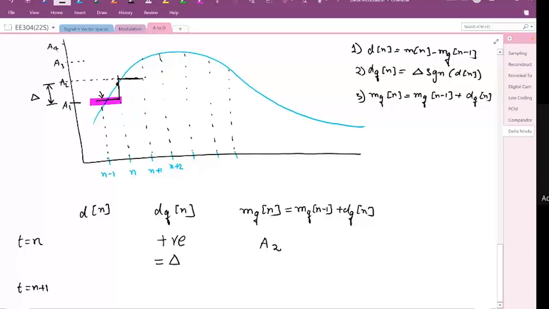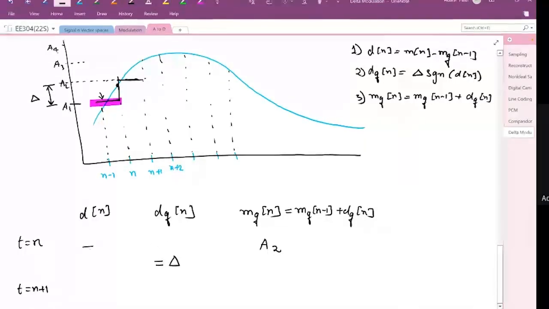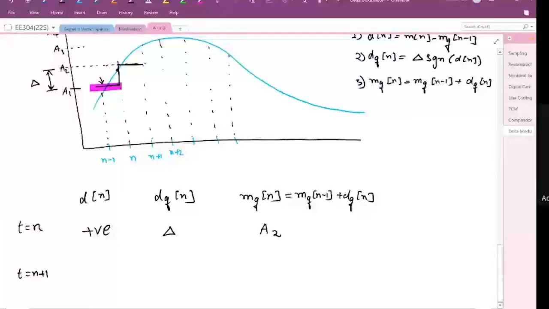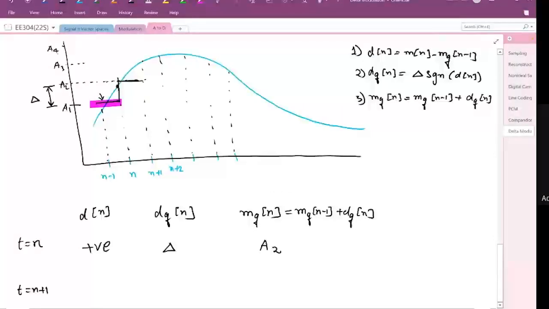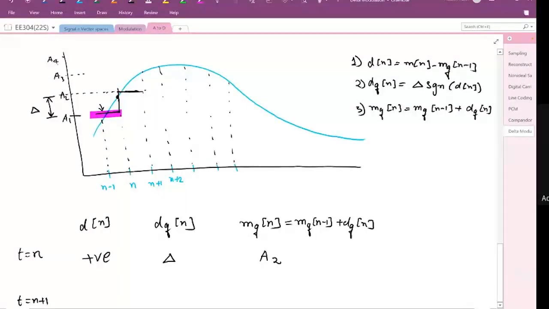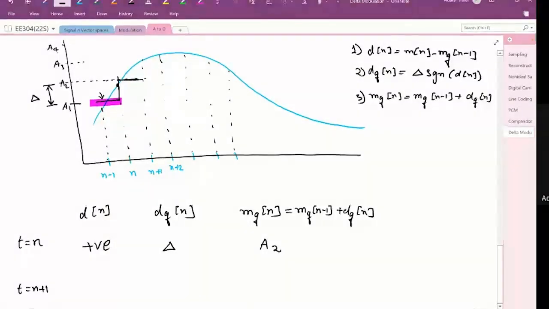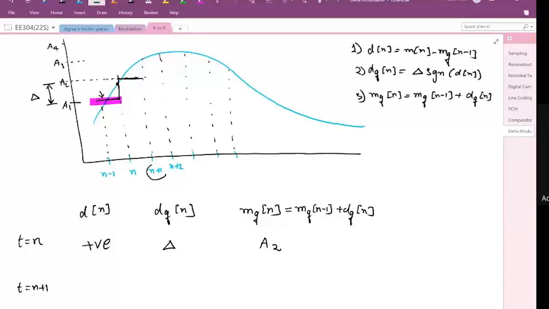So what do we see in here? That is del, sgn of this is del. Now at t equal to n plus 1, what will happen? We are going to calculate dn plus 1, is it or not? So what is that value? dn plus 1 is the value we are considering at t equal to n plus 1.